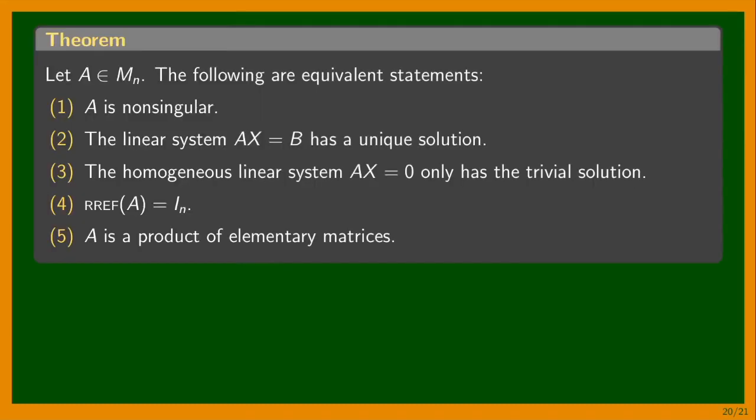In fact, we have a more general theorem for that. The following are equivalent statements. When we say that the following are equivalent statements, this is not to say that each one of these is true. What we're saying is that if one of these is true, then all the rest are also true.